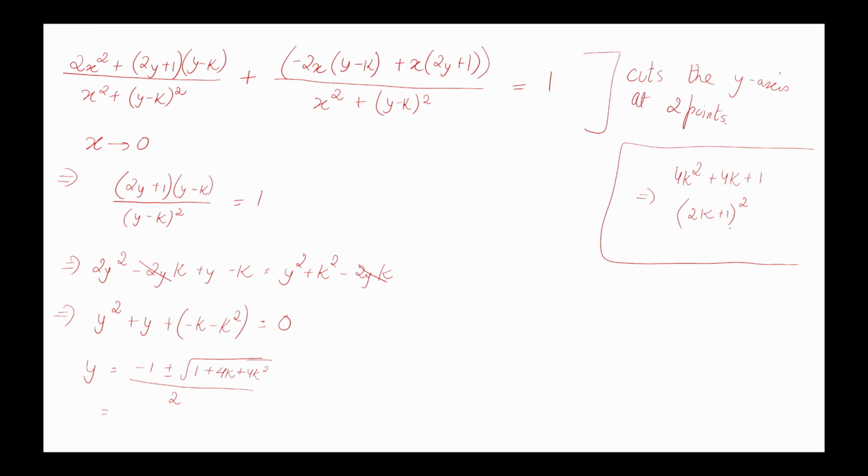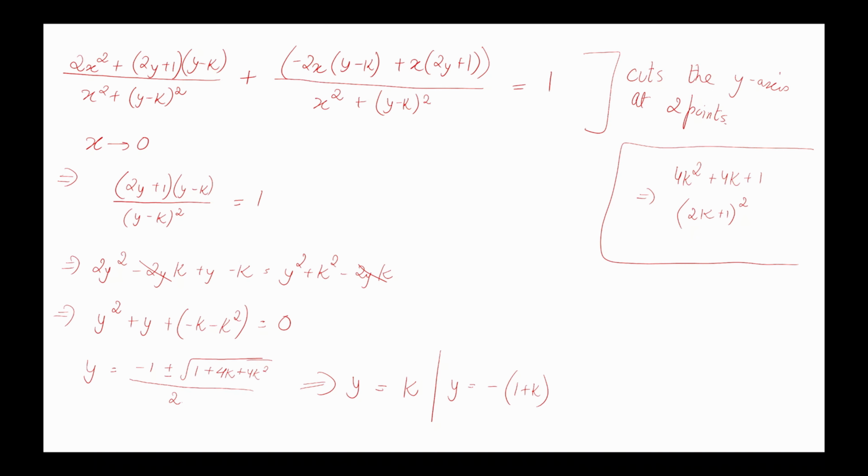So if it is 2k plus 1 whole square, what would I have outside? It would become 2k plus 1, and minus 1 would get cancelled out for one case, and for the other case it would be added. So basically, what are the values of y that I would get? One would be k and the other value of y would be minus of 1 plus k.